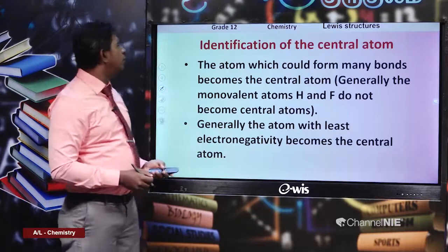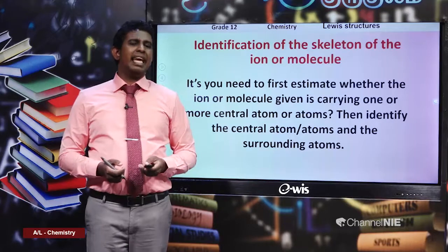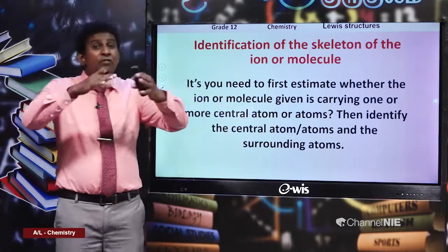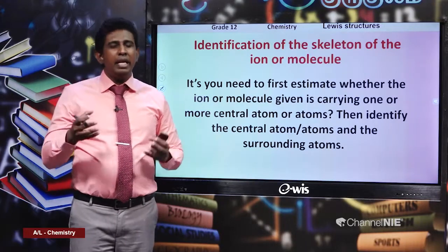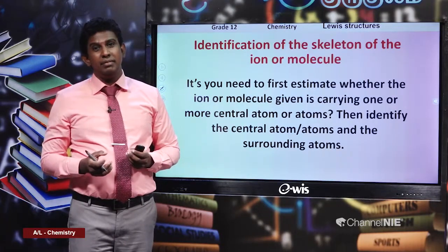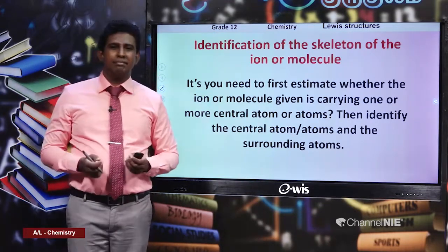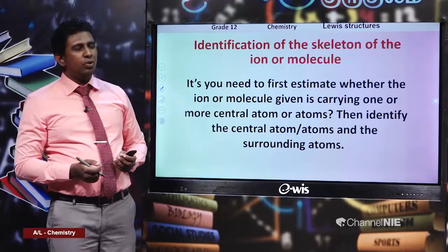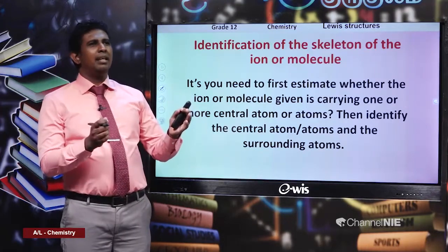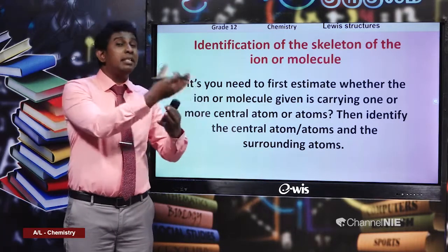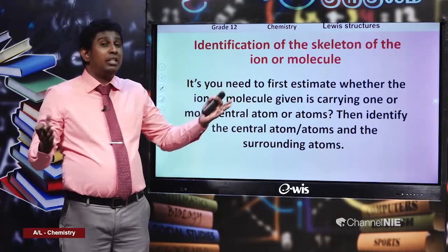Then we need to decide the skeleton of the molecule or ion. What's the skeleton? It's the frame of the molecule or ion. Then it's very, very important to find out how those atoms are bound. If a few atoms are given, you could imagine that in this combination those atoms could get combined, means adjoin.